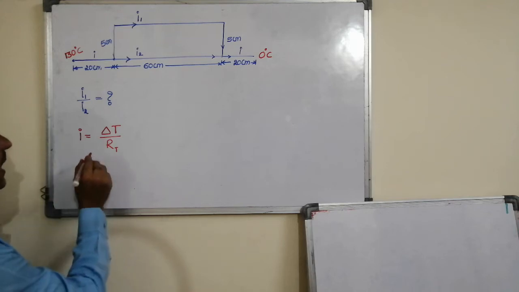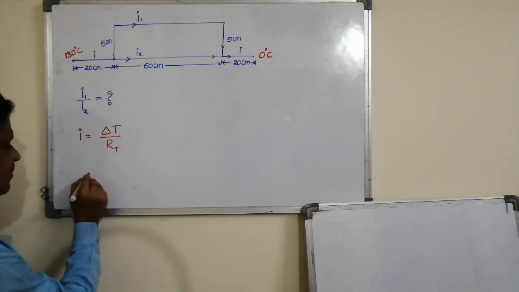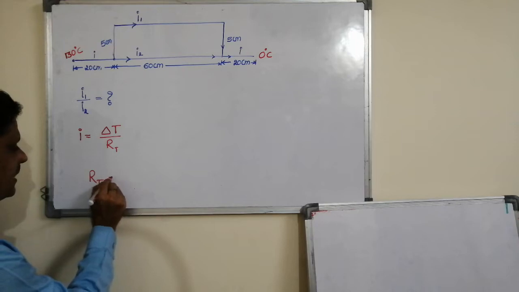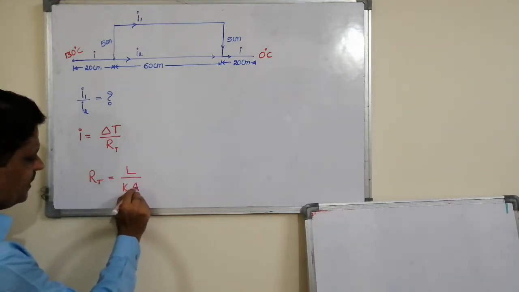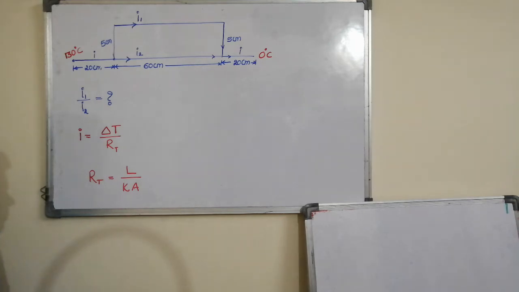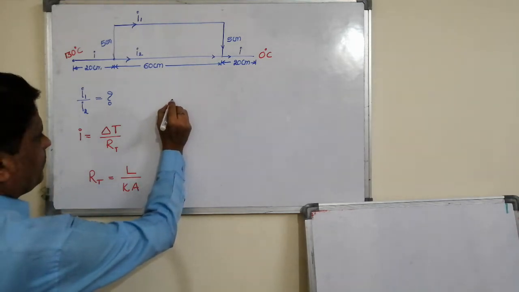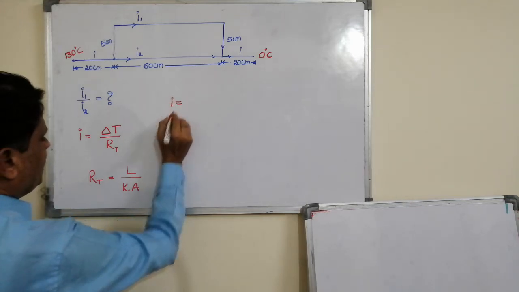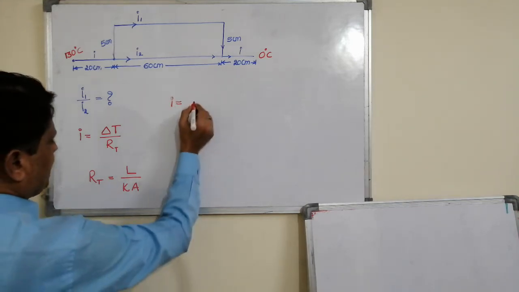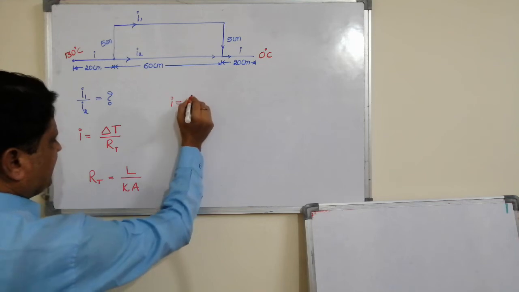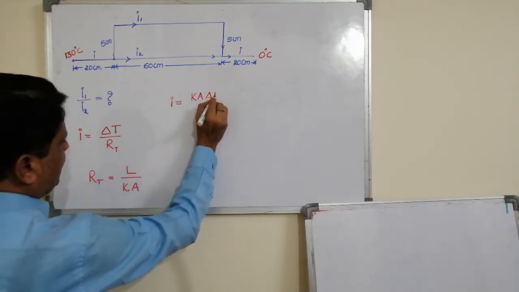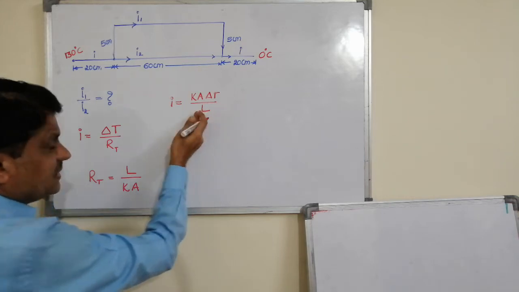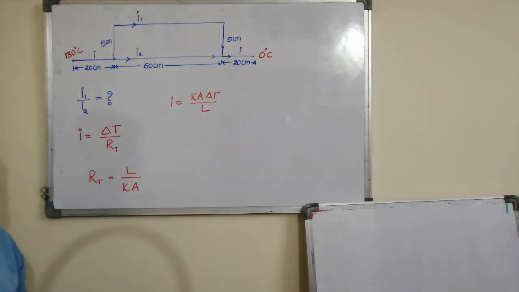And as we know that thermal resistance can be written as L divided by K A. If I substitute here, thermal current is nothing but K A delta T by L. This is what we have taken earlier.